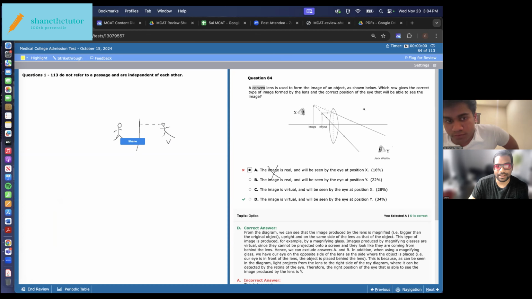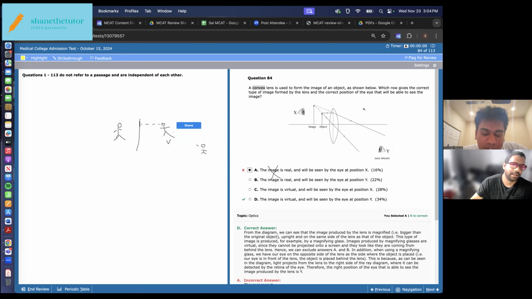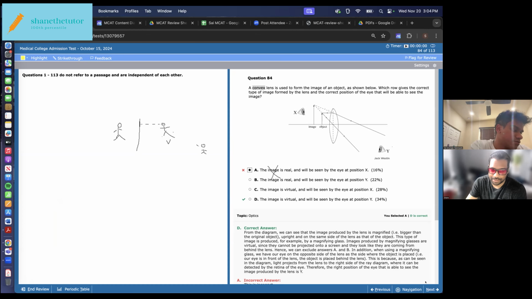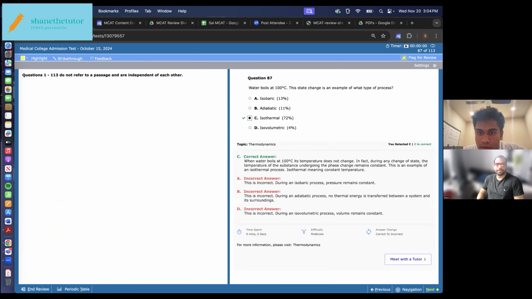You can only see that virtual image on the opposite side, meaning if you were here, you can't see that. Right? That makes sense. I see what you're saying. Yeah, I would definitely take a look at the optics table when you get the chance.